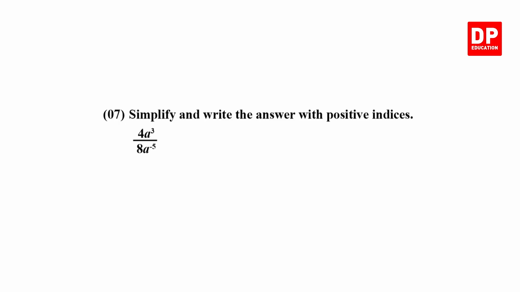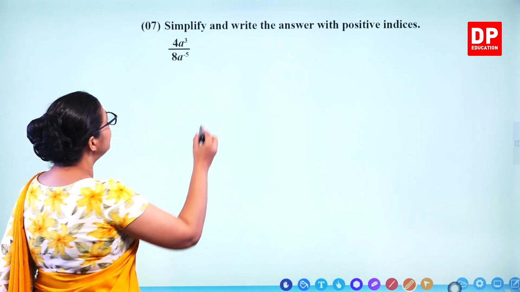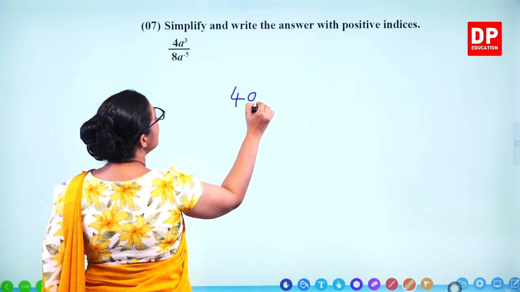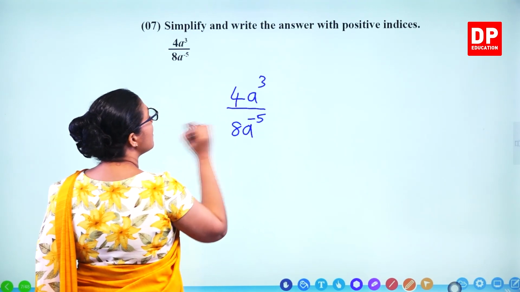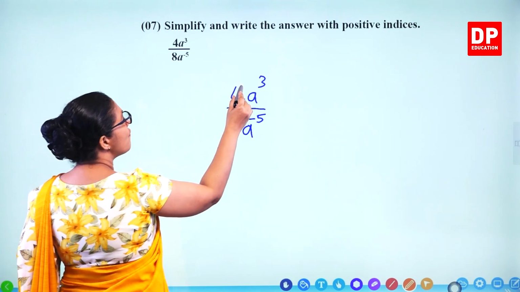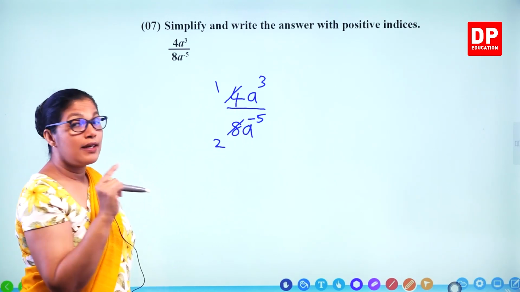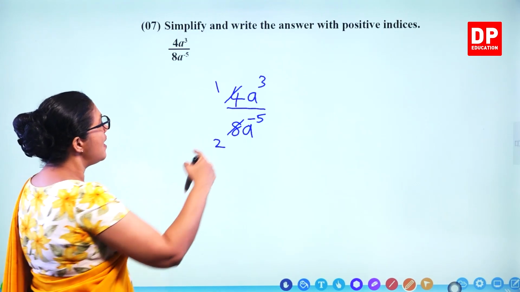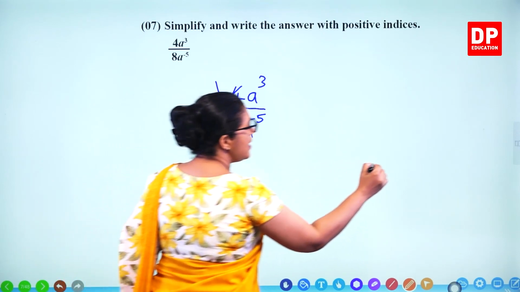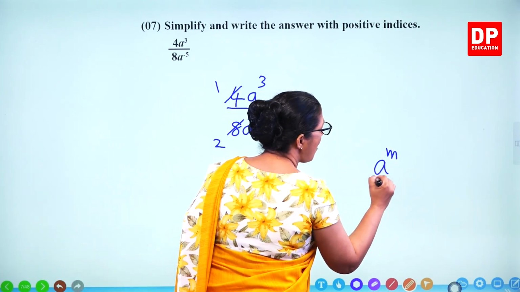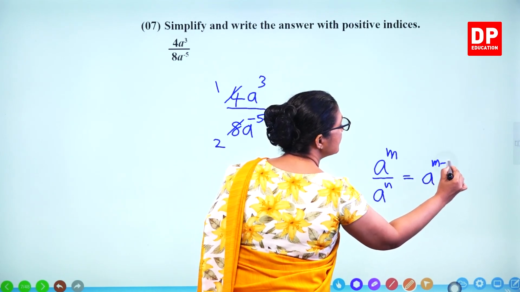Question number 7. Simplify and write the answer with positive indices: 4a cubed over 8a to the power minus 5. Try to simplify 4 and 8. You can write 2. Then you have to write it as a positive. Division means you subtract the powers. Any base with different powers in division, you subtract the powers.